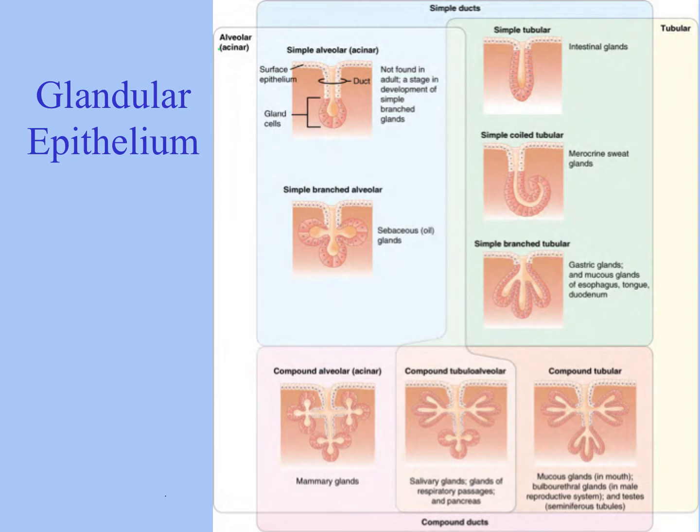There are your alveolar or acinar type glands. Again, they're multicellular, but they have this shape like the alveoli in the lungs, and we'll discuss that more when we get to respiratory, but you should probably remember that from undergrad A&P classes, that alveoli have this grape-like cluster appearance, and that's how these glands will appear as well. That's why they're called alveolar or acinar.